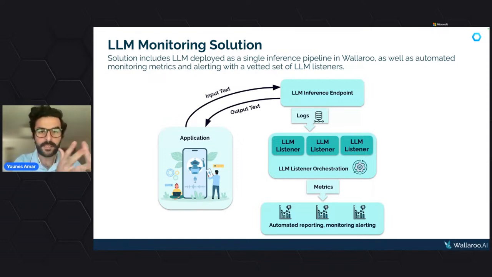Think of it as something you can do in a RAG setting, adding these validation and monitoring steps on top of that. That's fully supported in Wallaroo, as Ekmel mentioned earlier, with the steps that we offer in the inference pipeline. So as part of this framework, you will be able to take these listeners and orchestrate them and generate real-time monitoring reports and metrics to understand how your LLM is behaving, and ensure that it's effective in production, driving the ROI for the business.